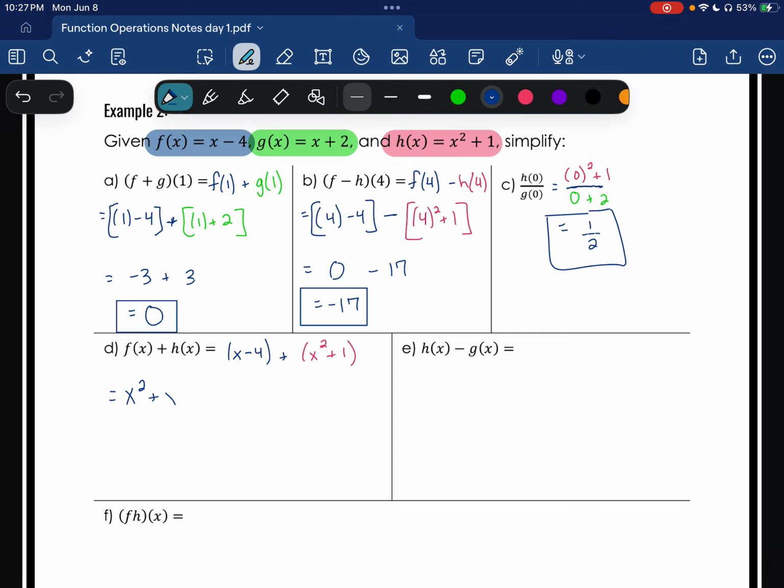So f times h is f of x times h of x. The whole function f of x, which was x minus 4, times function h of x, which is x squared plus 1, and then we're going to have to FOIL or double distribute. x goes to x squared, x goes to 1, so x cubed plus x, minus 4 goes to x squared.